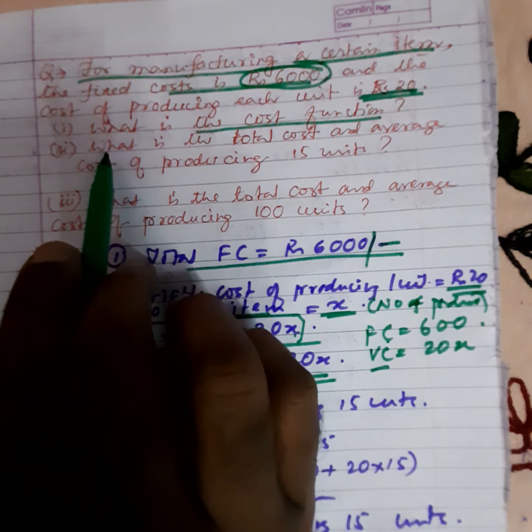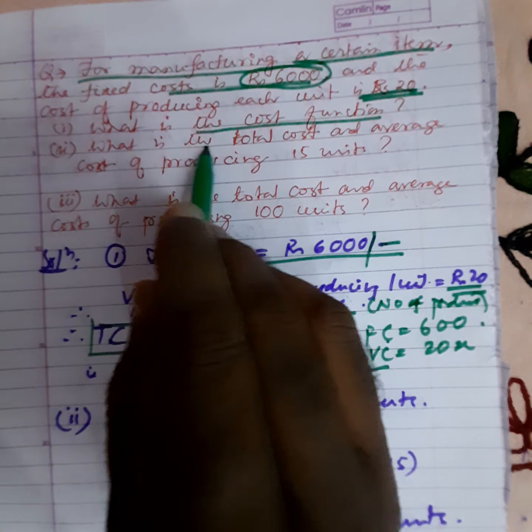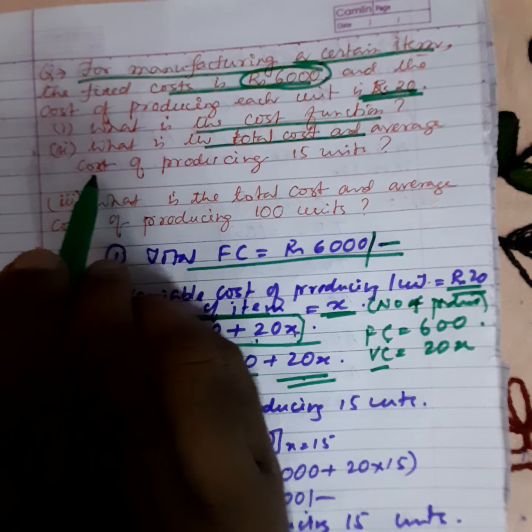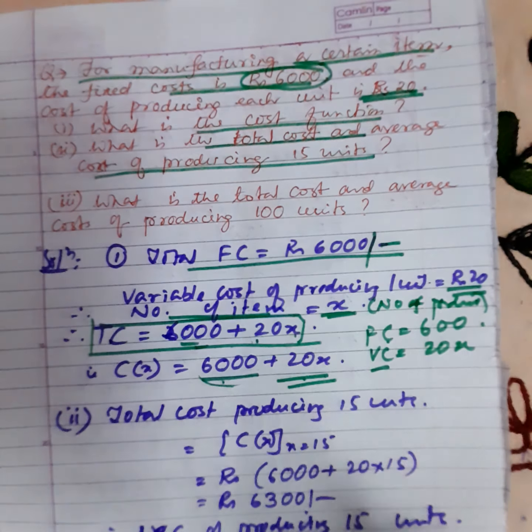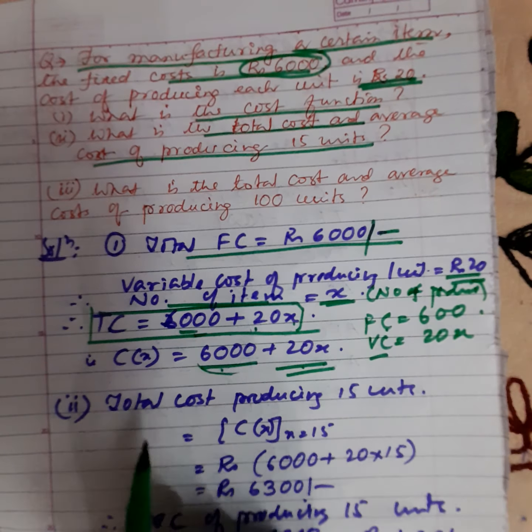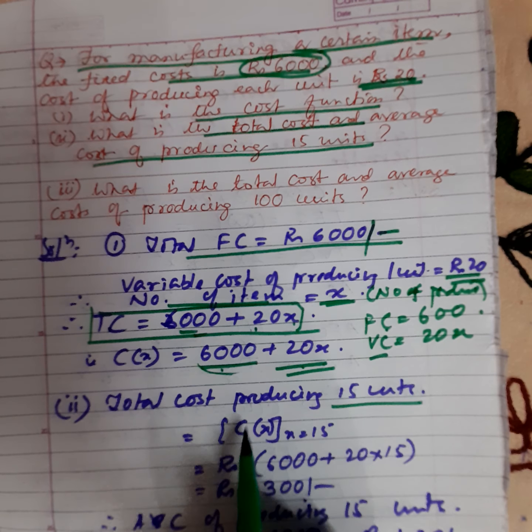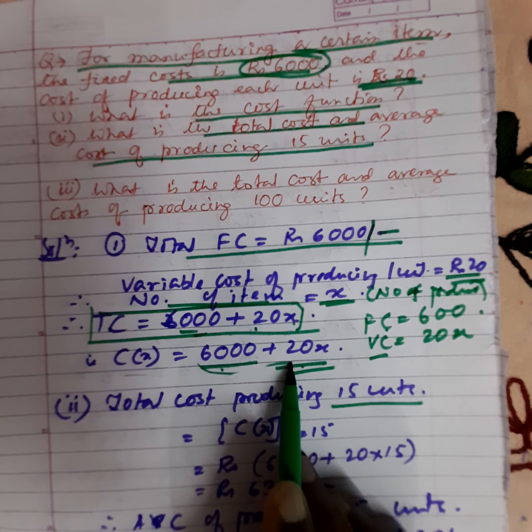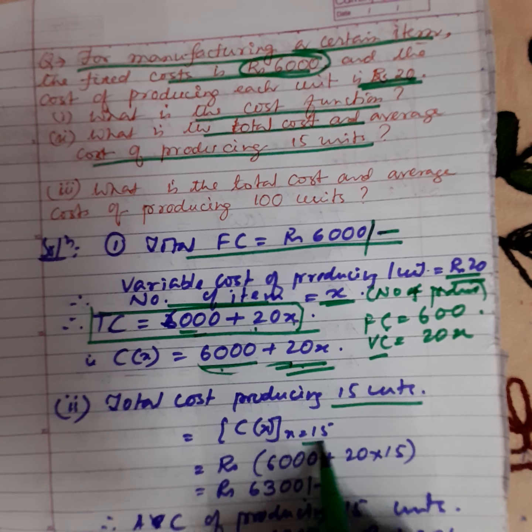The second question is, what is the total cost and average cost of producing 15 units? So this is the C(x) we are getting, C(x) at x is equal to 15 units. Put the values.